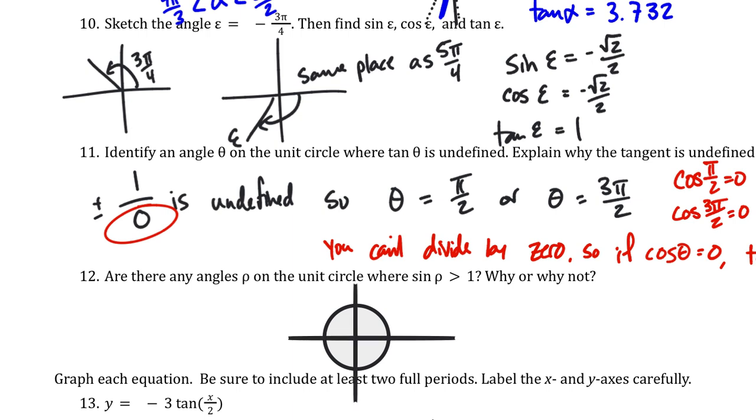And so what we know is that this is 1 and this is negative 1 on the unit circle. Well, those are where the sine values are. Sine of rho goes between negative 1 and 1 because that's what the y values are on the unit circle. The unit circle meaning the circle with radius 1. And so, no, there aren't.